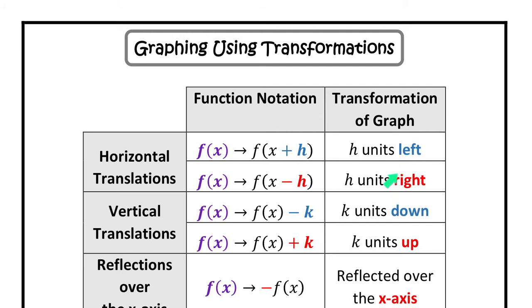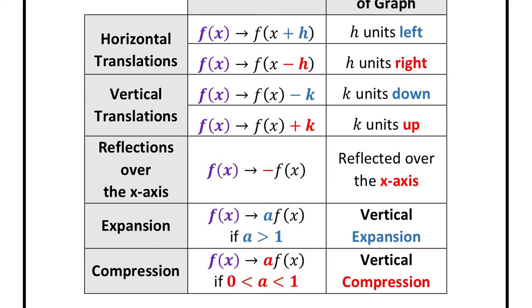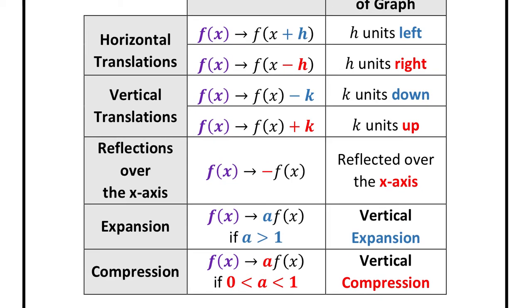And so horizontal translations are opposite, but vertical translations happen outside of the function. So you're either subtracting or adding. If you're subtracting, you're going down. If you're adding, you're going up. And again, I'm not going to spend too much time on these because they're the same transformations that we saw with absolute value.